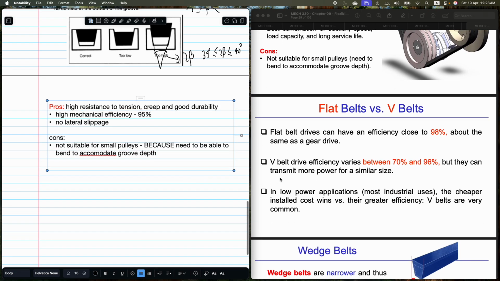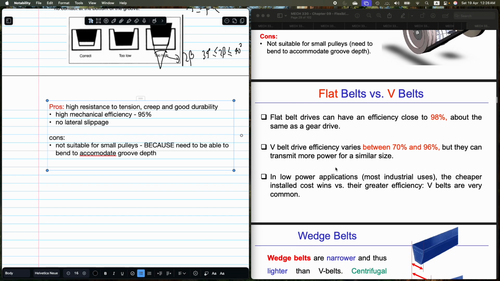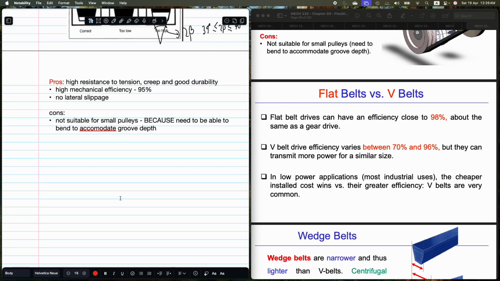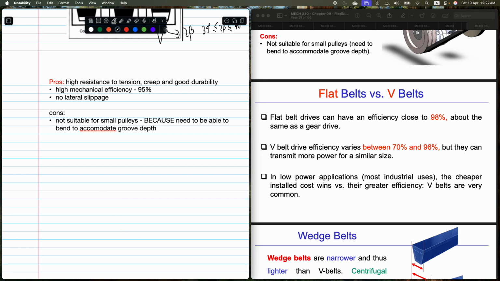Alright, so let's compare them. So flat belts have efficiency equals 98%, same as a gear drive. V-belts about 70 to 96%, but they can transmit more power for a similar size. Okay, so now I'm just gonna write here. Flat belt, V belt.